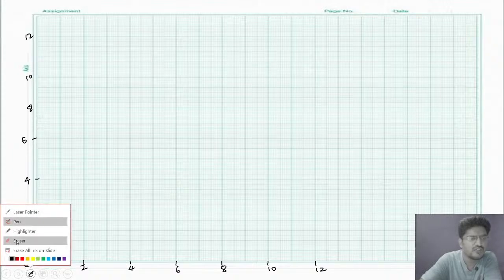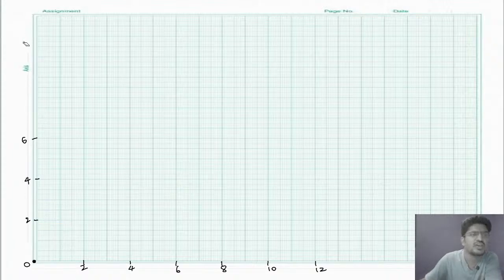While drawing the graph, please be careful. So see 1, 2, 3, 4, 5, 6, 7, 8, 9, this is 10 and this is 12. Okay. Now no problem. Now we can take the points and go on solving.